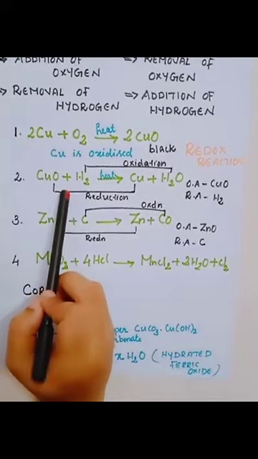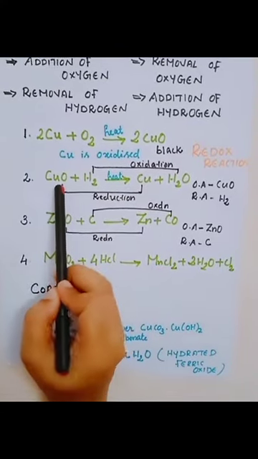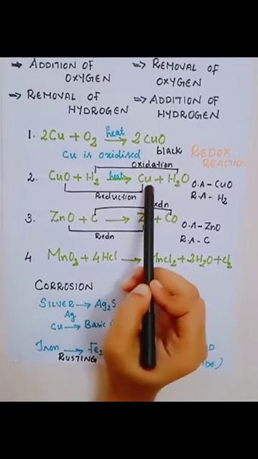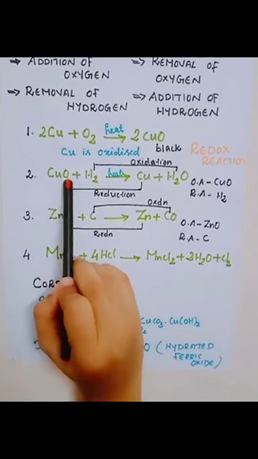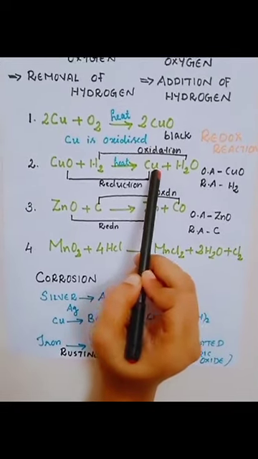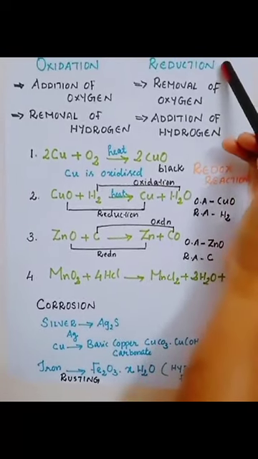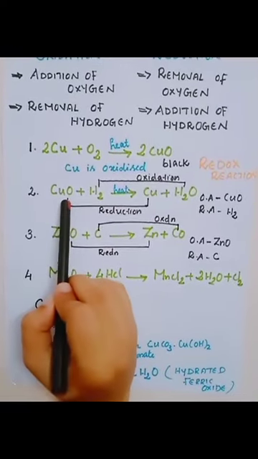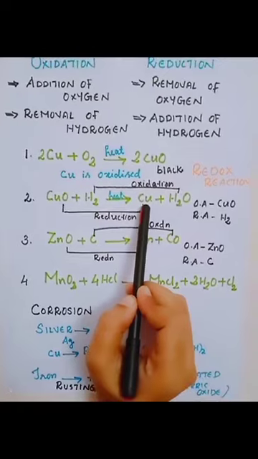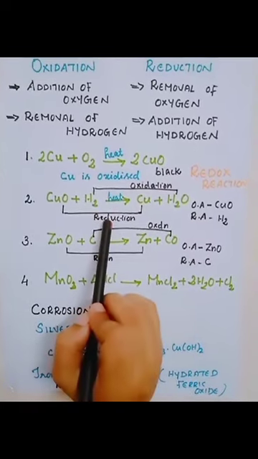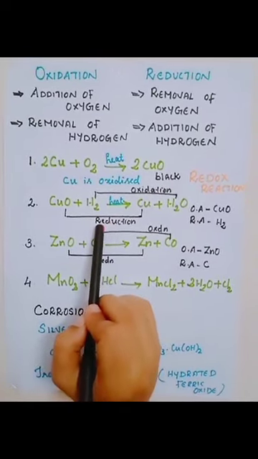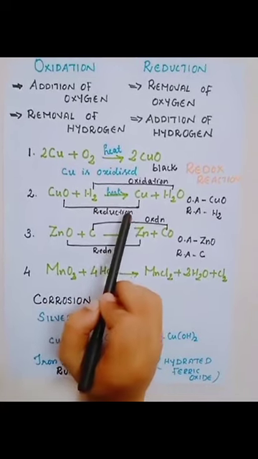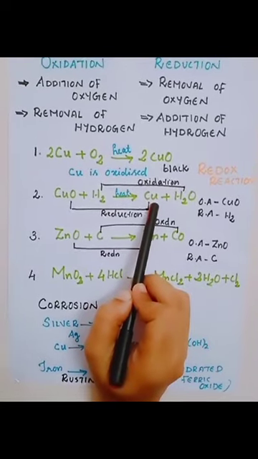Here in this equation you can see that the copper oxide on the reactant side changes to element copper. That means oxygen is removed from copper oxide, and removal of oxygen is called reduction. So copper oxide undergoes reduction to form copper.